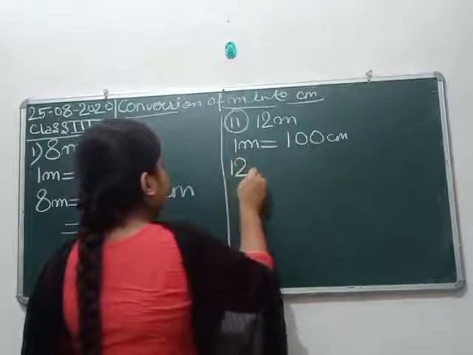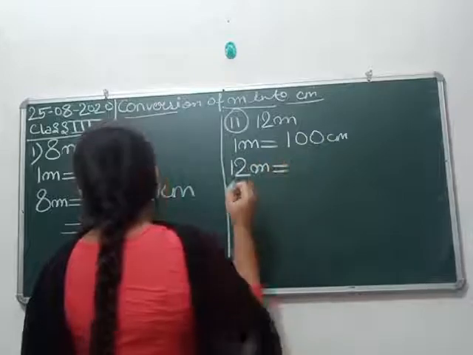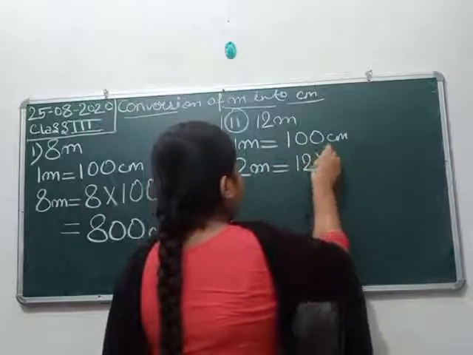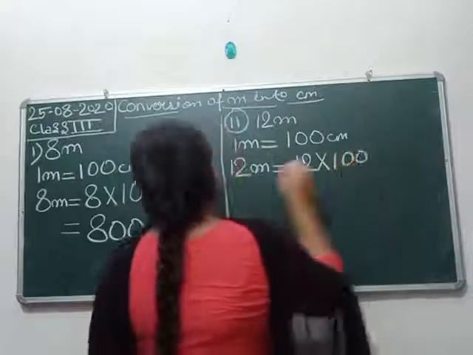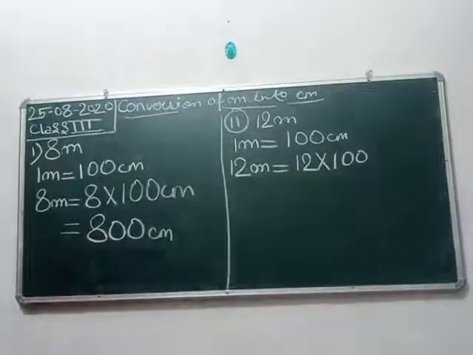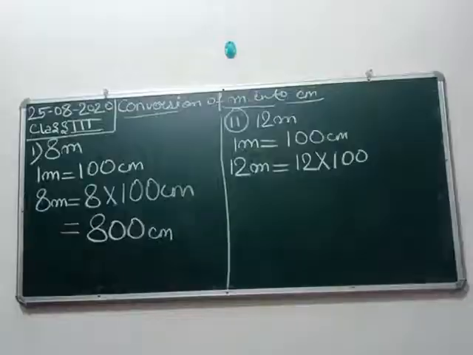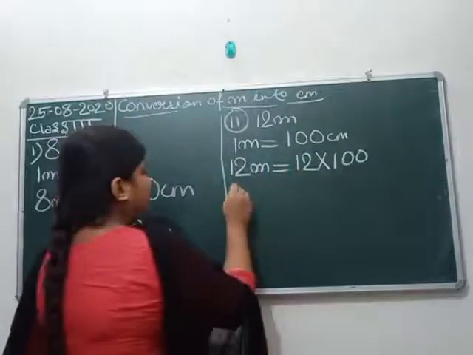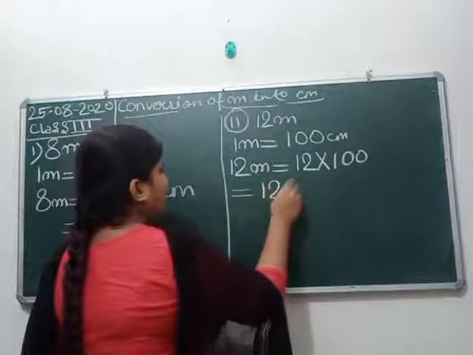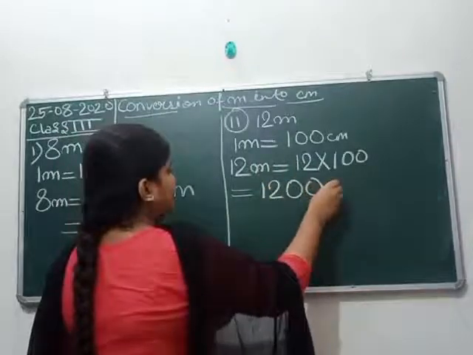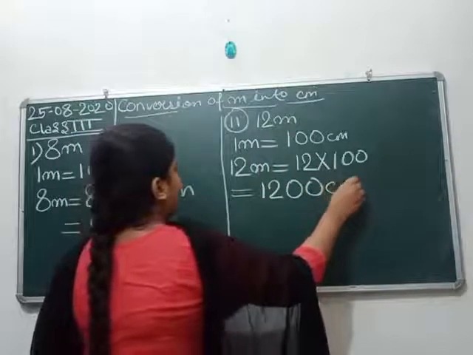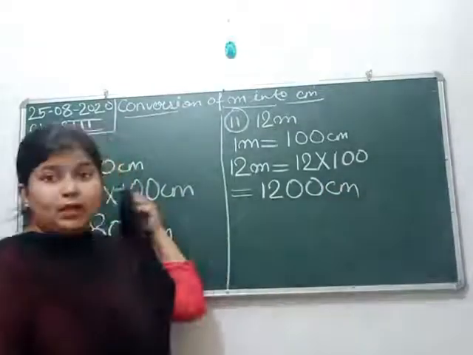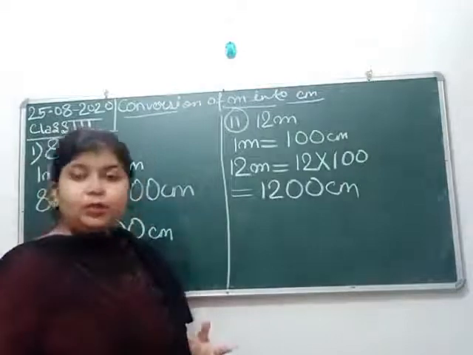Now 12 meter is equal to 12 into 100 centimeter. Okay, so 12 into 100 is equal to 1200 centimeter.